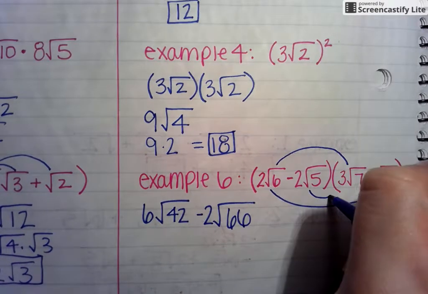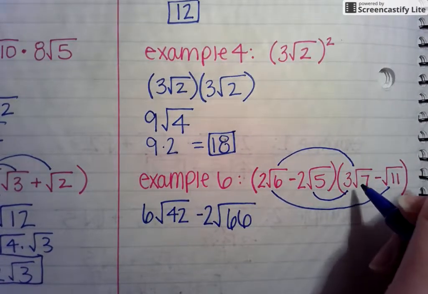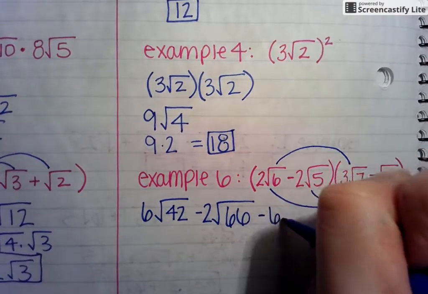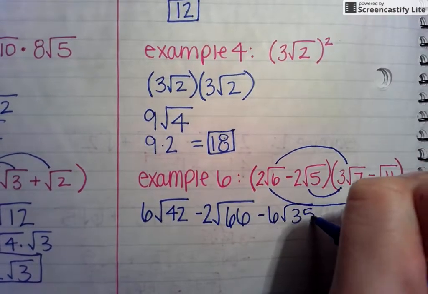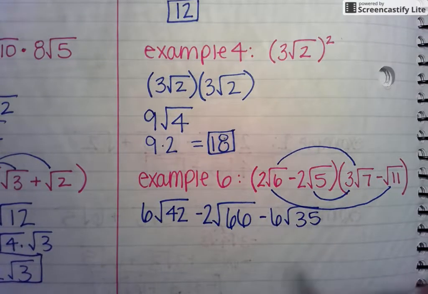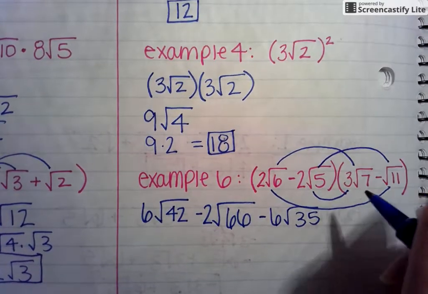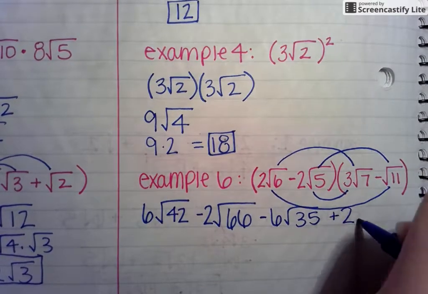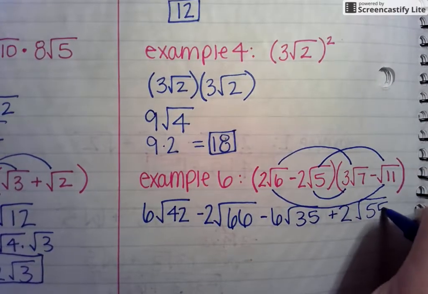Then negative 2 times the square root of 5 times 3 times the square root of 7, which is going to be negative 6 square root 35. Then my last one, I'm going to do my last term. So I have a negative times a negative gives me a positive, and then it would be the square root of 55.